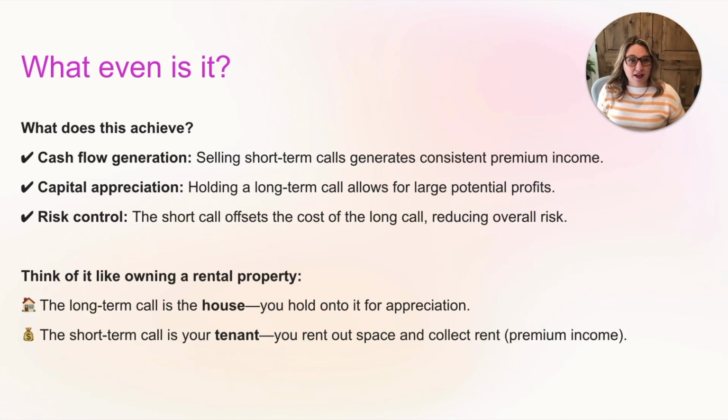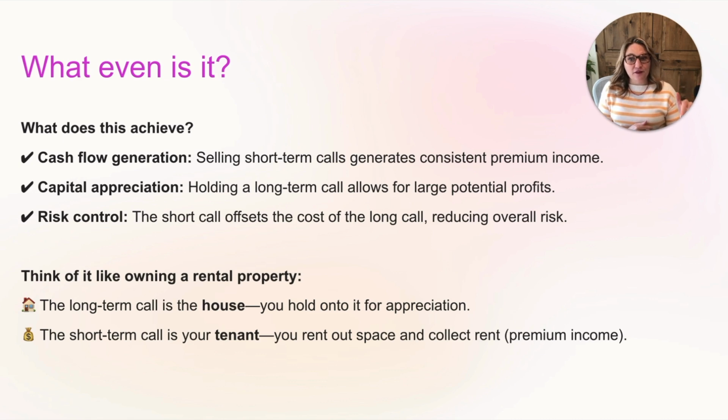So what does a diagonal spread achieve? It achieves cash flow generation. So when you sell short-term calls, it generates consistent premium income coming into your account, which you can use to do so many things with, right? The next thing is that it can provide capital appreciation. So holding a long-term call allows for large potential profits if the value of the underlying asset goes up, okay?